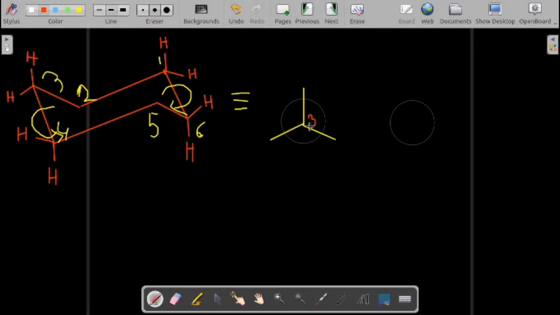If we consider this is the C3 carbon, that is this carbon. So here we see that the hydrogen is at this point, and this carbon and this hydrogen at this axial hydrogen, and here we see that this equatorial hydrogen is on this side.